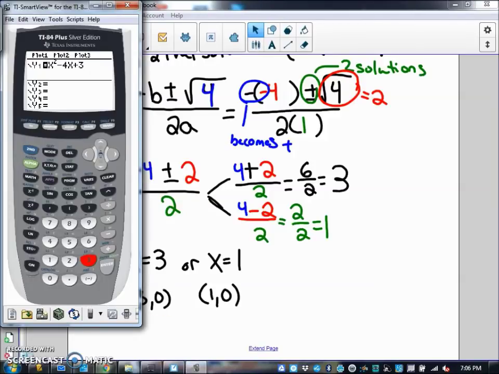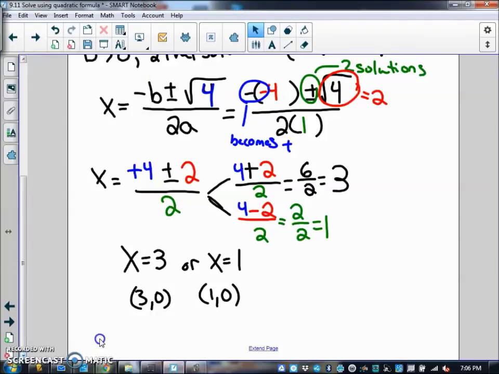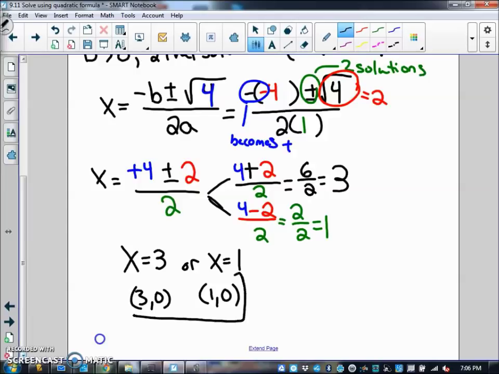I plug my equation into my calculator, and I can go to second graph to trace it, or to second graph to find my table. And I notice at 1, 0, I have an x-intercept, and I also have an x-intercept at 3, 0, which are both our solutions for our problem. So we've calculated this correctly.